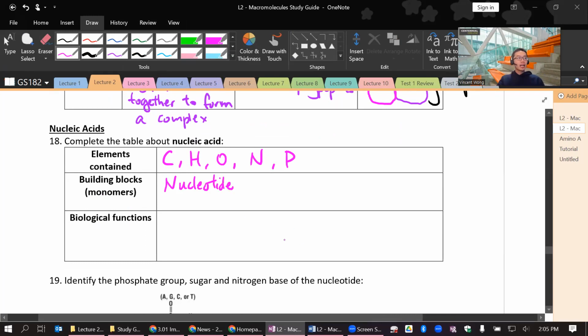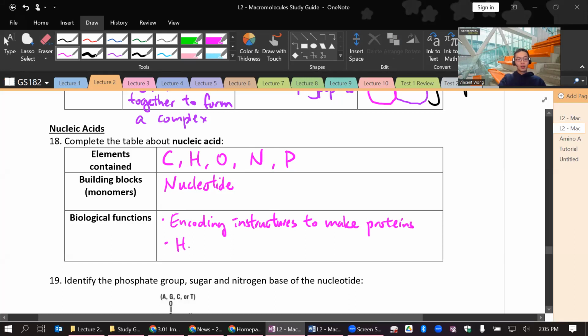So there are different types of nucleotides, and I'll explain what those are in a bit. And for biological functions, the nucleic acid is responsible for encoding instructions to make proteins, right?